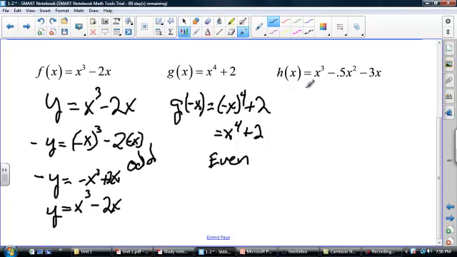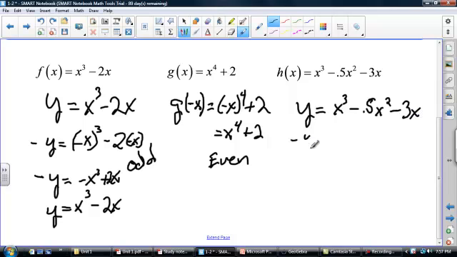So I'm going to start by graphing on a graphing calculator. When I first originally graphed this, it looks to be symmetric around the origin. So I'm going to plug in negative x and negative y to see if it works. Remember, I'm going to change this to y equals x cubed minus 0.5x squared minus 3x.